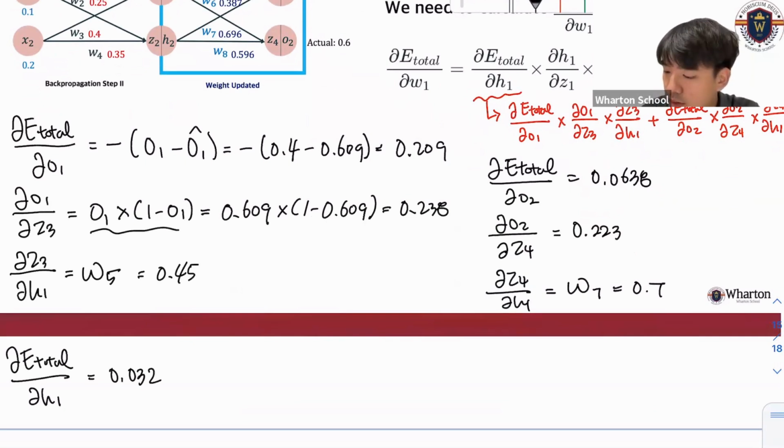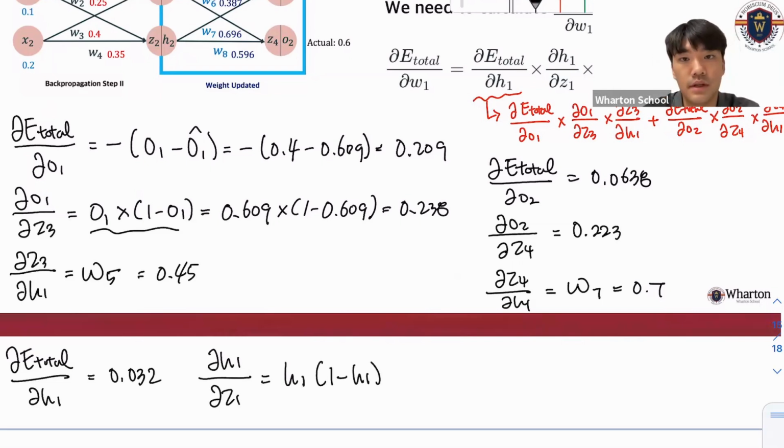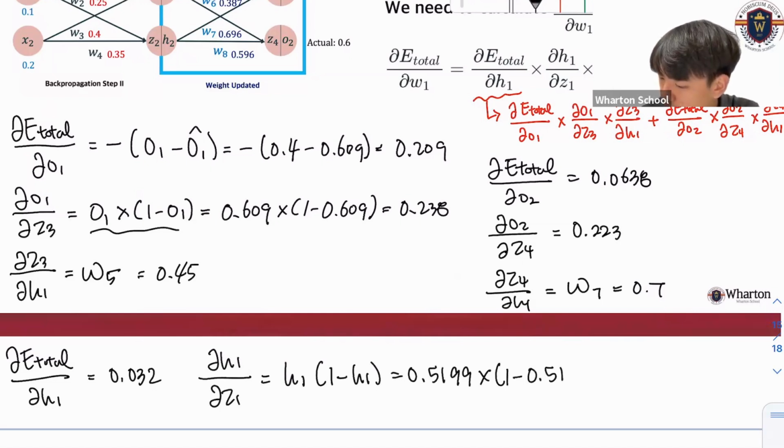Then we calculate the partial derivative of H1 with respect to Z1. This is H1 times 1 minus H1. So this is 0.1599 multiplied by 1 minus 0.1599, which is 0.2496.